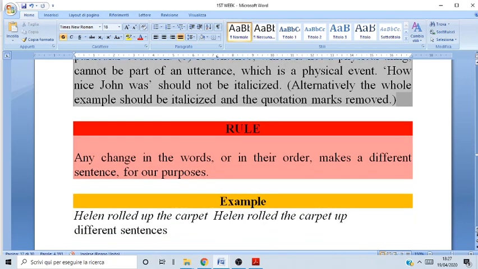And then something new that we haven't seen so far, how I mark rules. Same thing as definitions, I just put them in red. You have to remember that if you change the words that are used or the order in which they are used, they make a different sentence. Okay? Because we said that sentences are a stretch of words that follow grammatical rules. And so if I change the order of the words or something in the words, I'm making up different sentences.